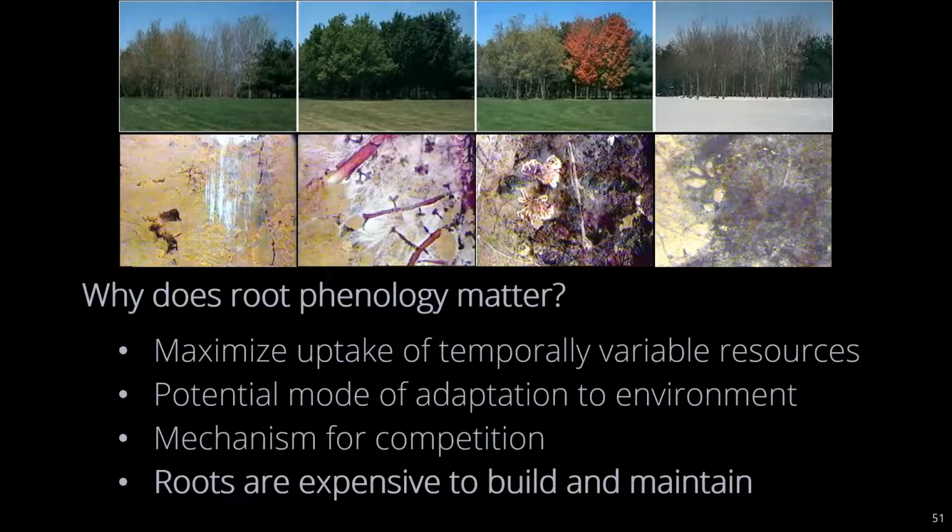Whether you go into high alpine systems, you can actually have much higher amounts going below ground. When you go into grassland systems, upwards of 50, 60, 70% can go just to the construction of roots. So this is a major cost. So actually getting the return on investment relative to the cost is going to depend a lot on how effective you are at putting those roots out when the resources are available.